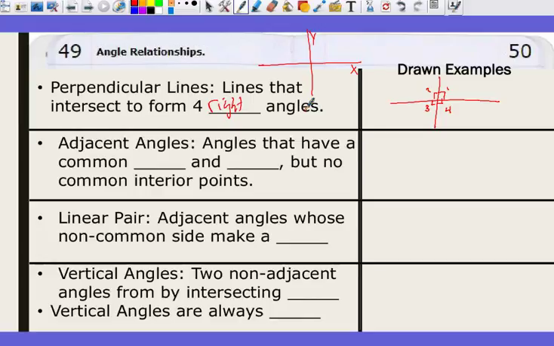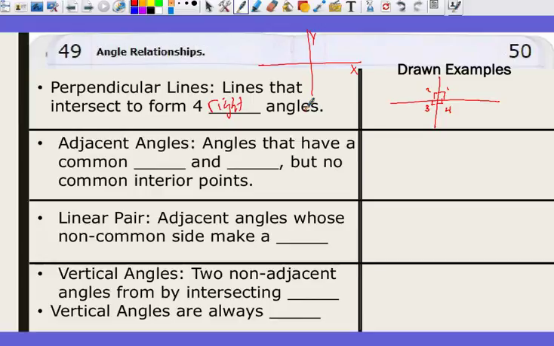If we combine these 2 angles at the vertex, you get a pair of adjacent angles, right? And look what they're sharing.